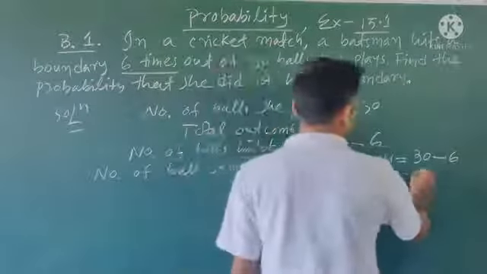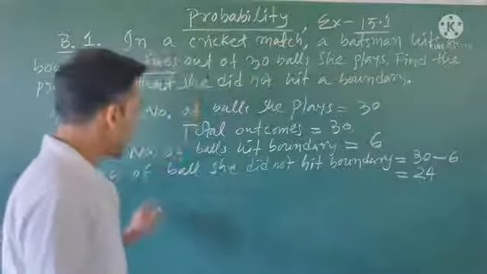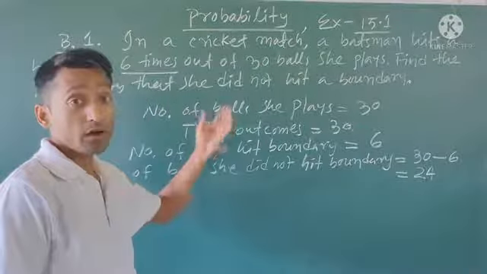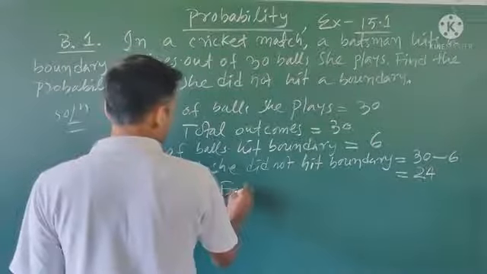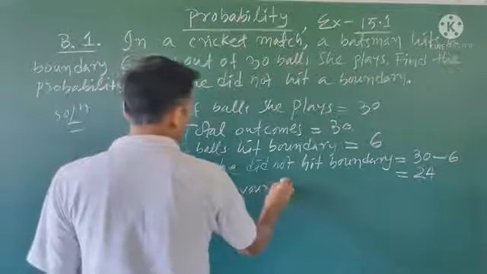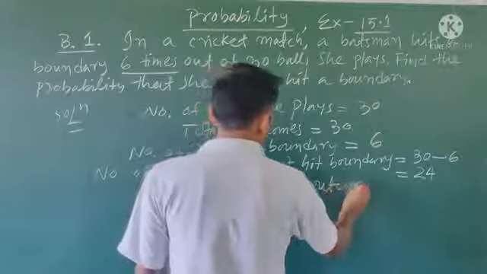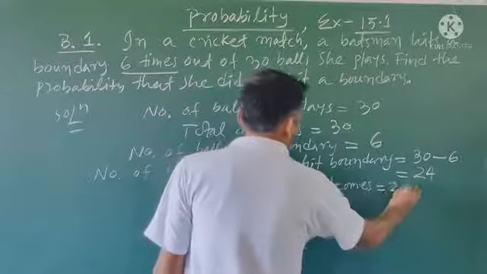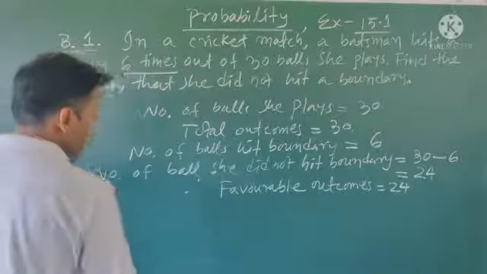So remaining 30 minus 6, 24. That means in 24 balls she did not hit boundary. So this will be the favorable outcomes. Therefore, the favorable outcomes will be 24.